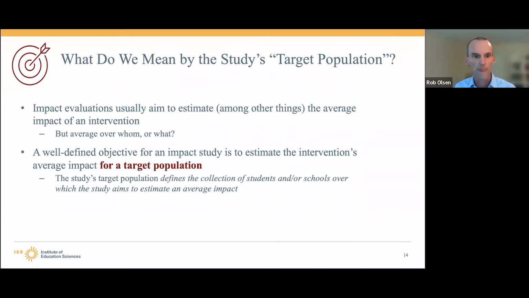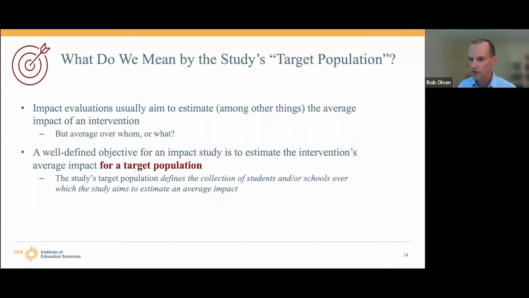What we mean is the collection of students and schools about which the impact study aims to learn. Now, impact evaluations usually aim to estimate an average impact of the intervention, but average over whom or over what? So a well-defined objective for an impact study is to estimate the intervention's average effect, average impact, for a well-defined target population, where the population is defined as some specific collection of students and schools.